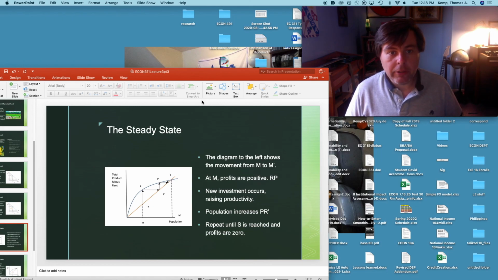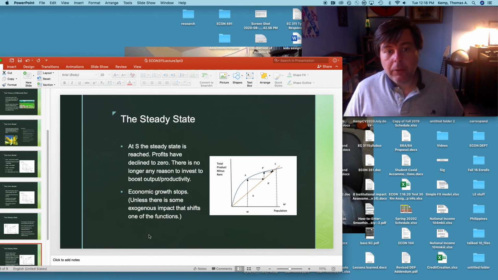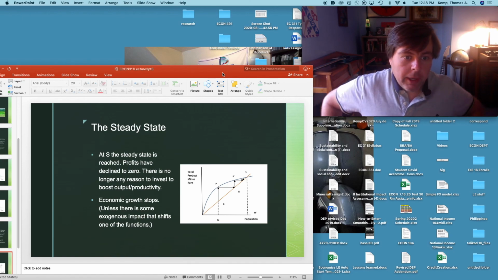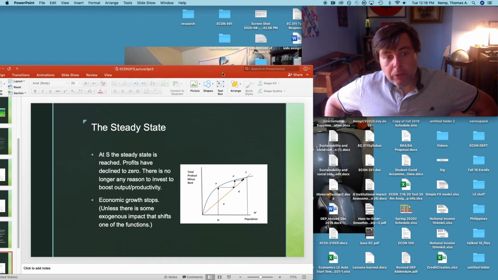Okay, until S is reached. At S, the steady state is reached and profits have declined to 0, right? And so at that point, there's no longer any reason to invest to boost productivity or output.